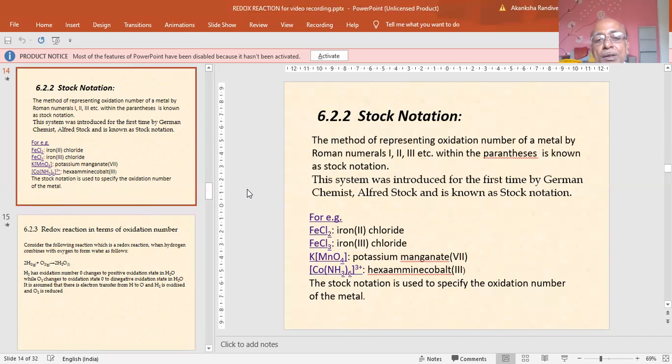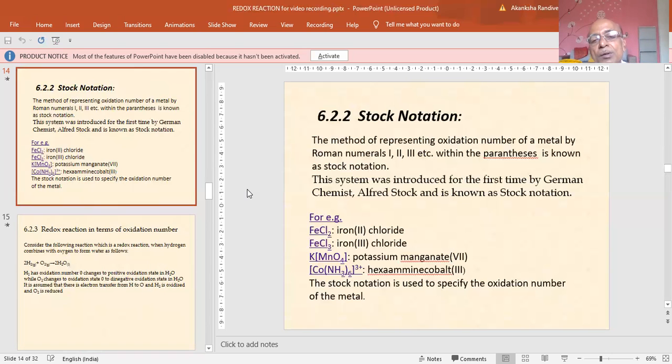And since there are 2 chlorine atoms, -1, -1, -2. So in FeCl2, ferrous chloride, the oxidation number of iron will be 2. It is because there is no charge on FeCl2.